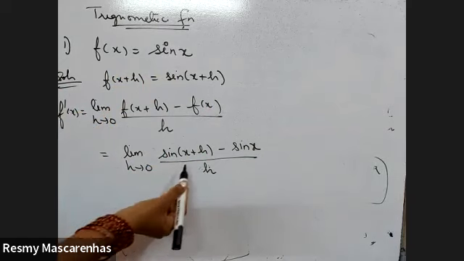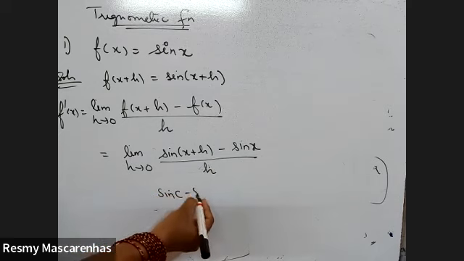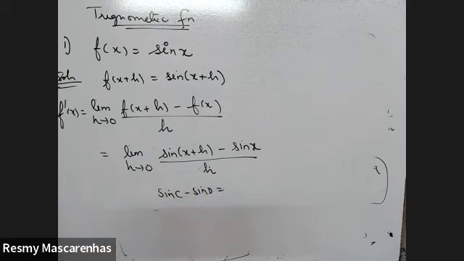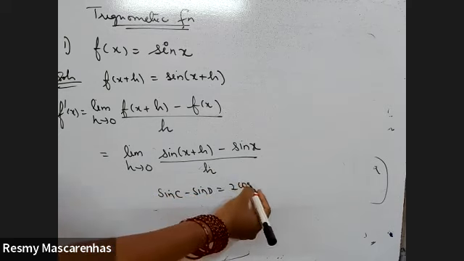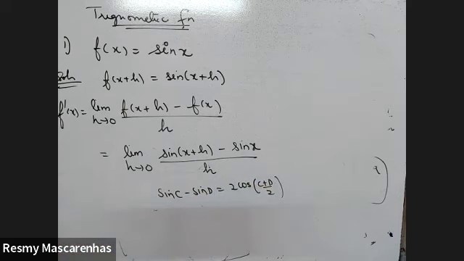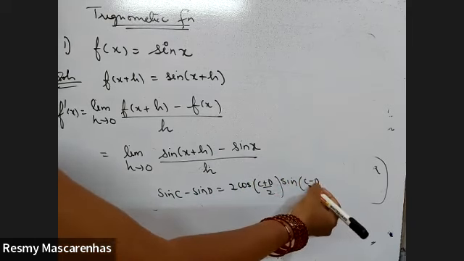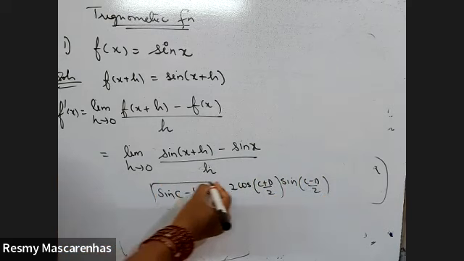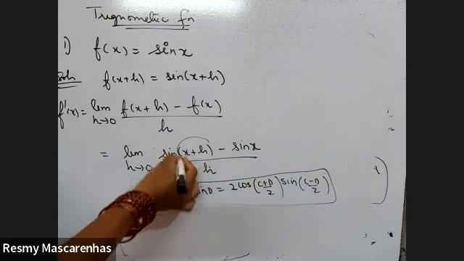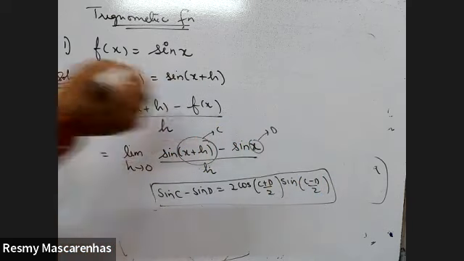What I'll do now is simplify this. I'll use the sin c minus sin d formula, which is 2 cos of c plus d by 2 sin of c minus d by 2. So what is your c? This whole part is c and this is d.